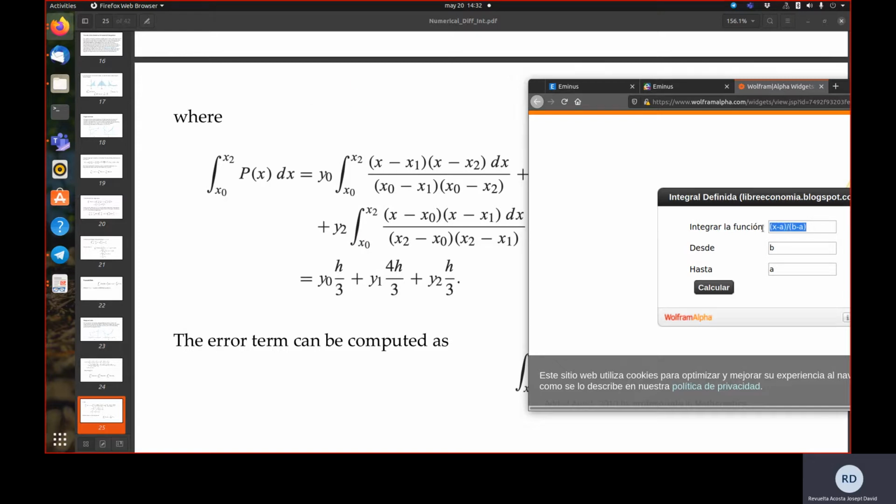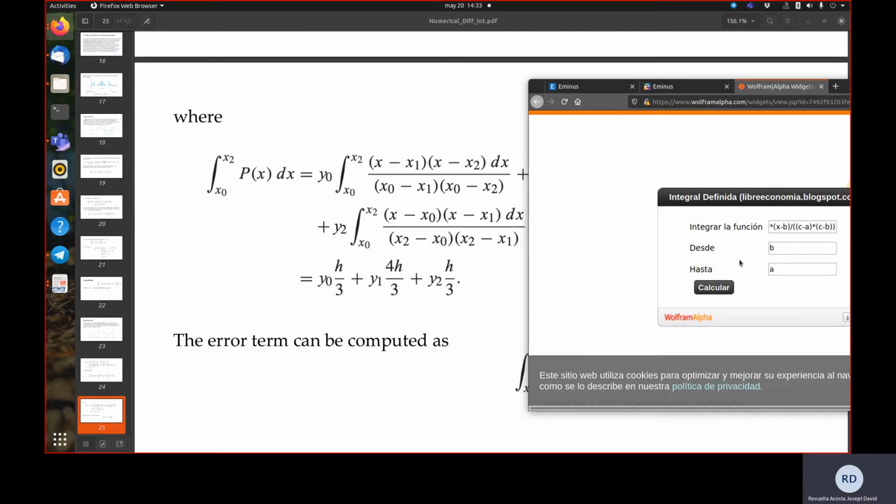Just remember that these A, B, and C are the values already given in the interpolation formula. So if you remember here, we have to compute h, but it's the same as putting x minus a times x minus b, and then this is going to be divided by c minus a times c minus b.